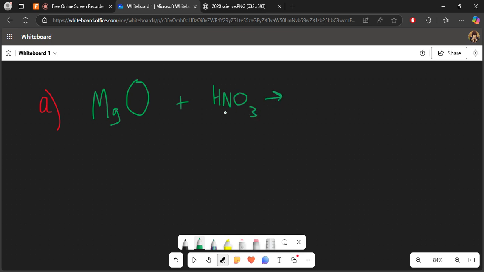This is an acid, and this here is a base. So it's an acid-base reaction, neutralization. And we know that for a neutralization reaction, we get a salt and water.